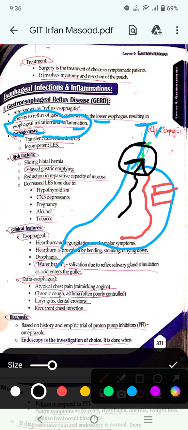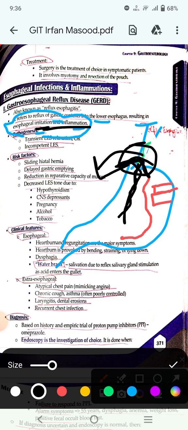If you continue to interfere in someone's work, or interfere with the natural process, then there will be some reaction as well. Every action has a reaction, and as this action is against nature, there will be some reaction in the lower esophagus. It will initiate an inflammatory process at that site, and it will cause esophagitis.